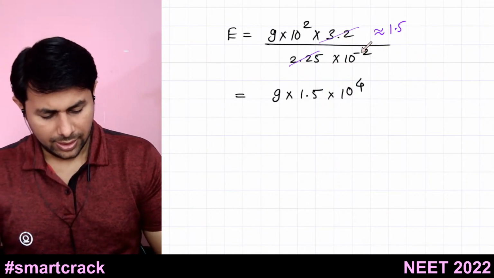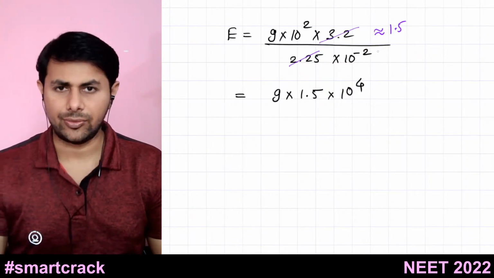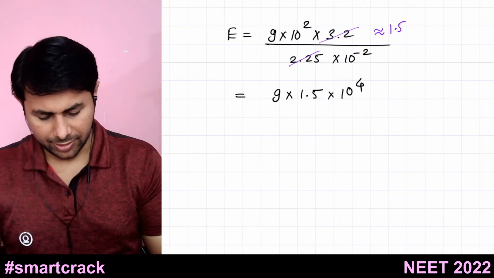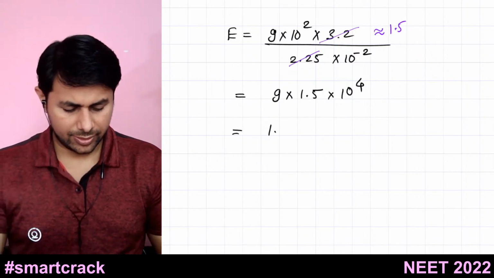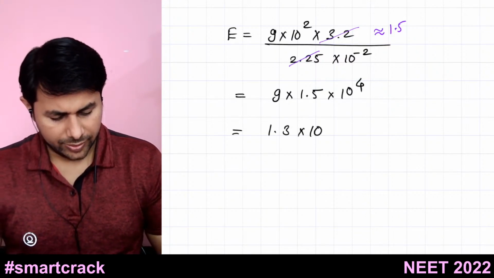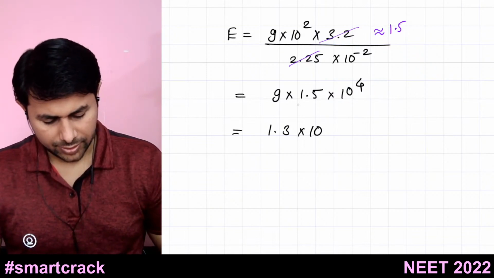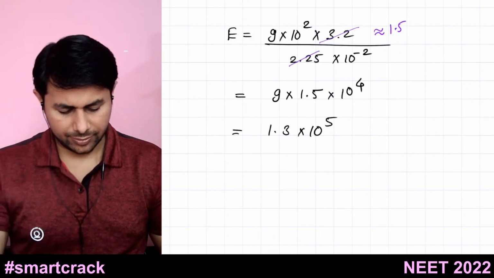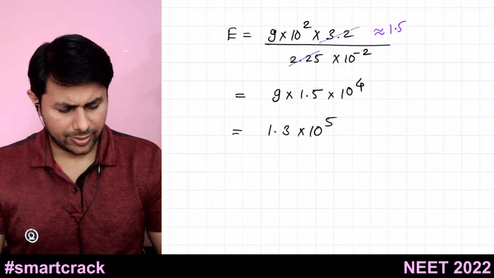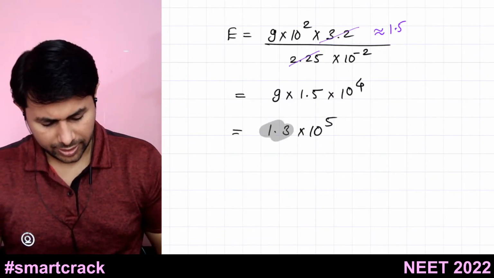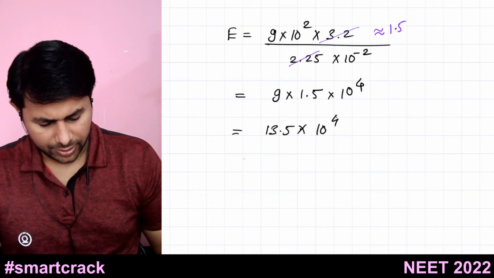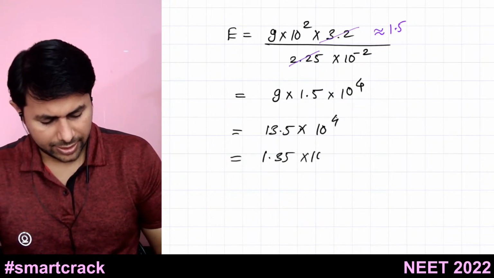It has to be something greater than 10 raised to 4. 15 nines are 135, so 13.5 multiplied by 10 raised to 4, or 1.35 into 10 raised to 5.